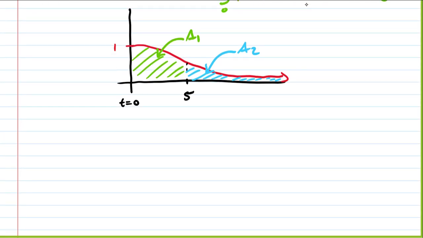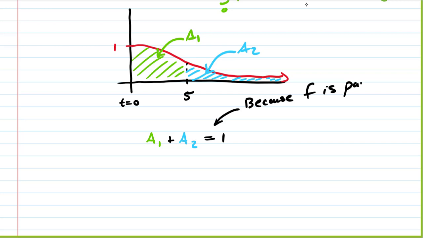Well, what do we know about A1 plus A2? What does it have to equal? Well, A1 plus A2 is all of the area underneath a probability density function. So since f was a probability density function, A1 plus A2 has to be 1.